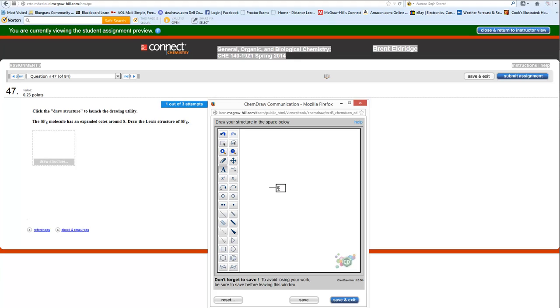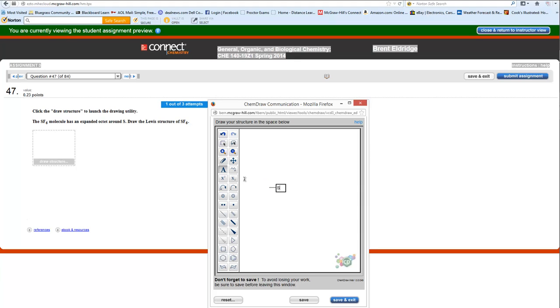The reason why that's so important is that it tells us that the sulfur is bonded to that bond. If the blue box isn't there, you could be off to the side and it looks like the sulfur is bonded to it, but it's not actually attached. And when ChemDraw goes to grade this, it's going to grade that incorrectly.